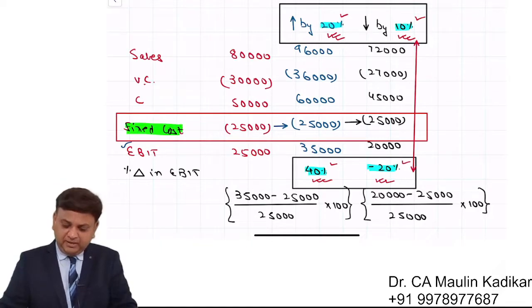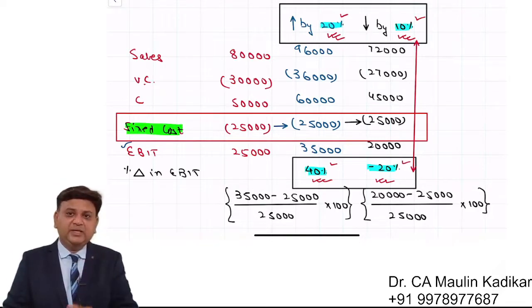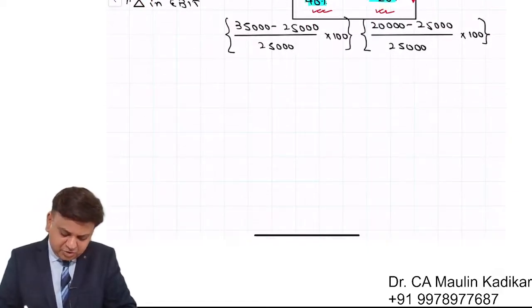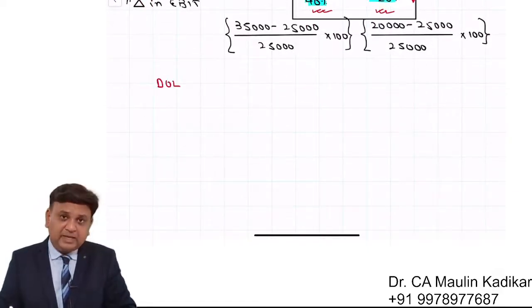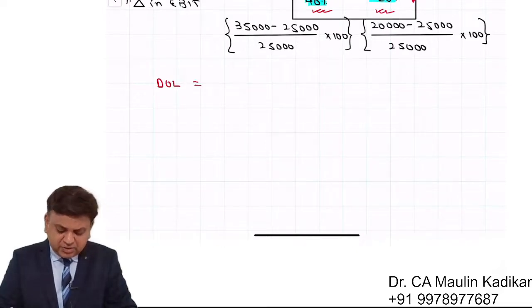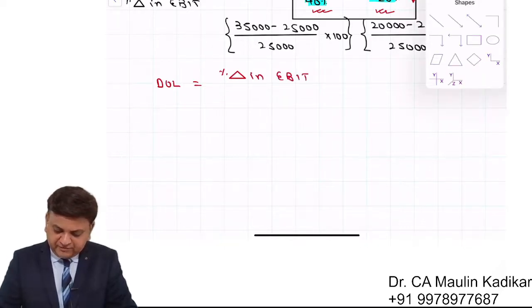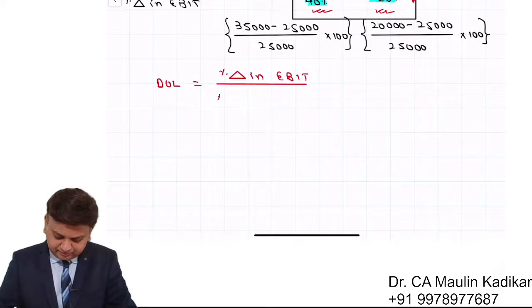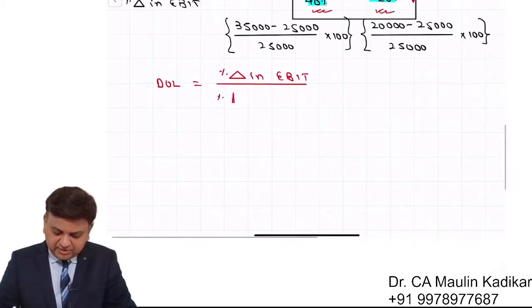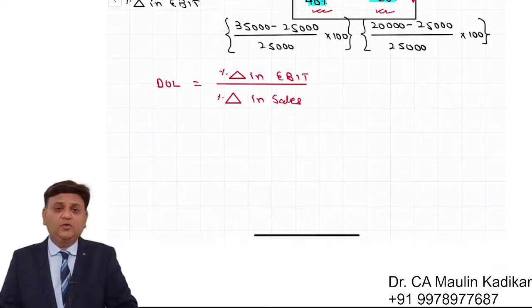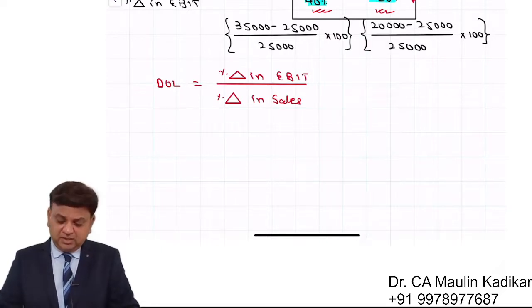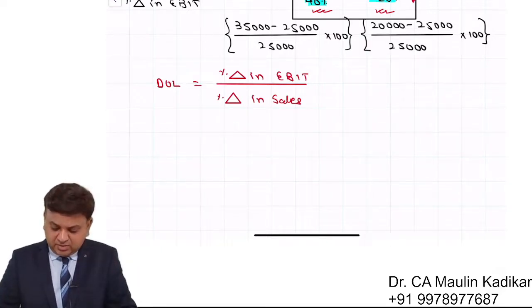Now understand carefully, this point is reflected in the calculation of the DOL. I request all of you to pay attention. Dear students, DOL, degree of operating leverage, is measuring the percentage change in EBIT for every 1% change in sales. How is DOL calculated?